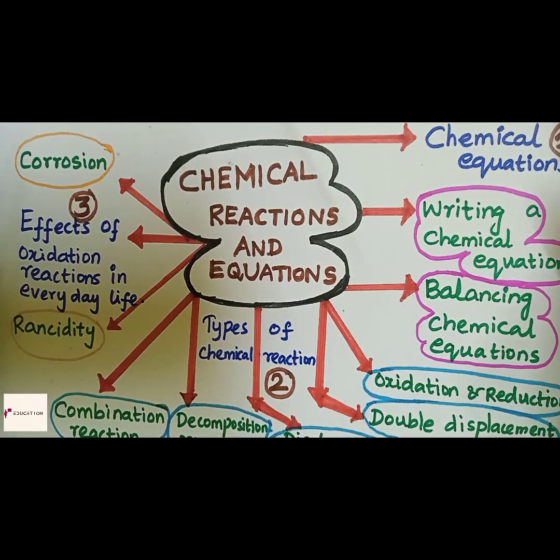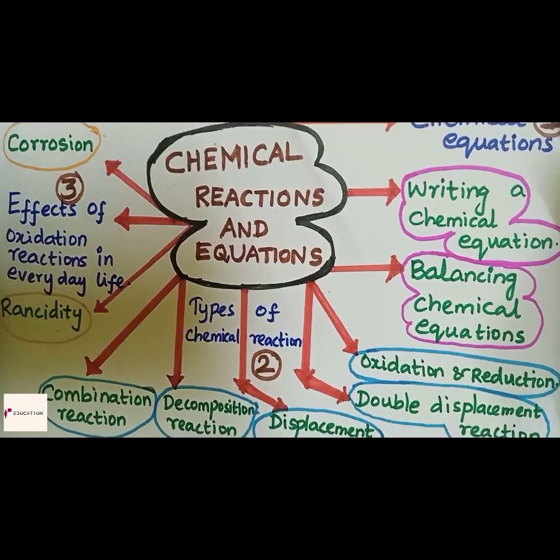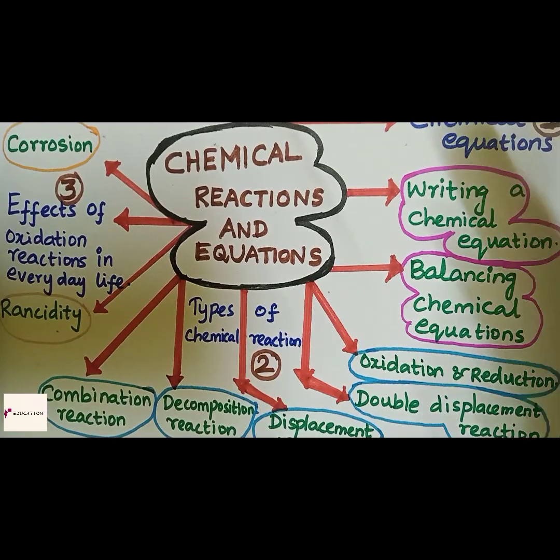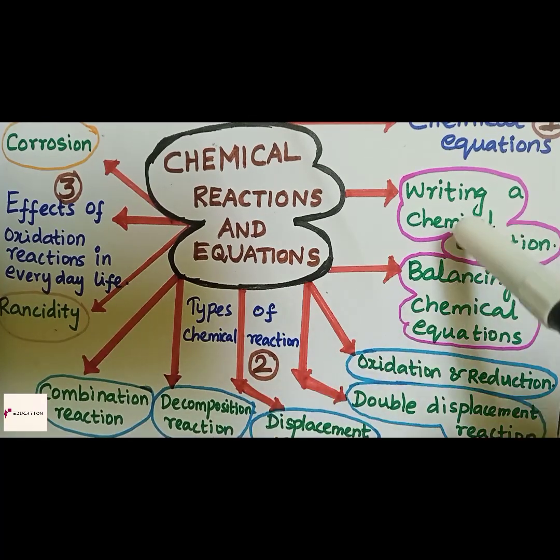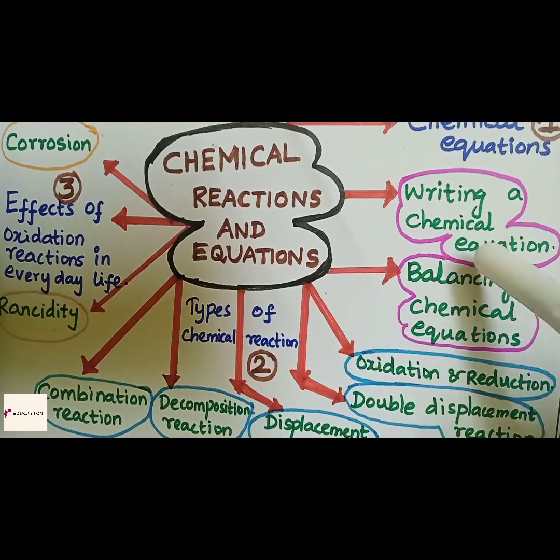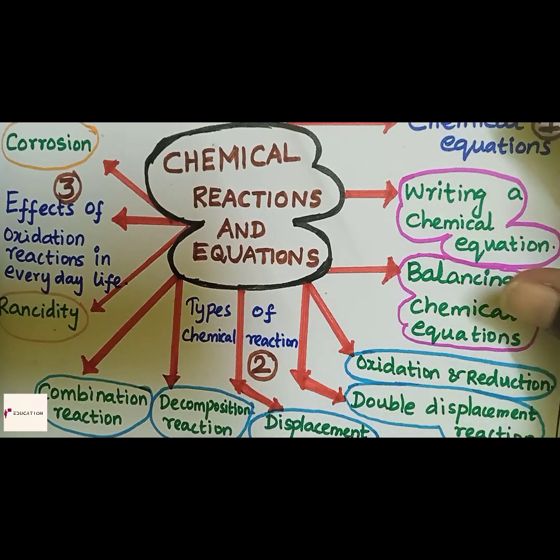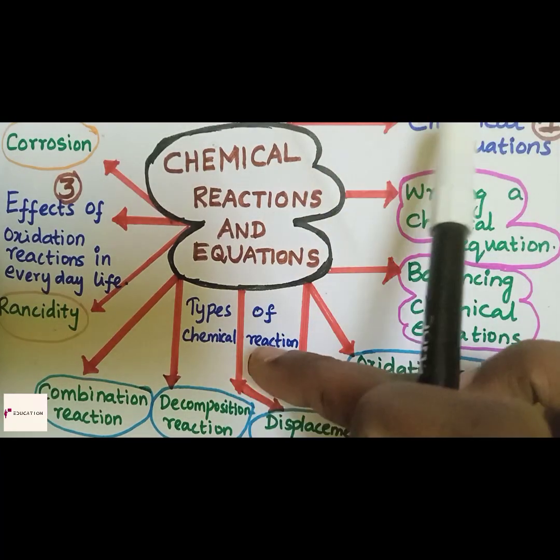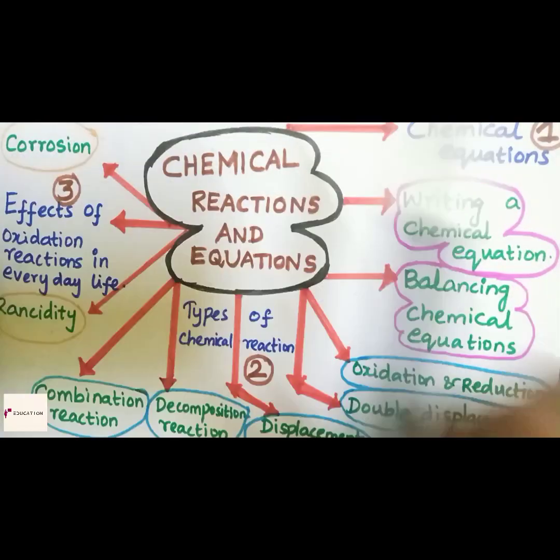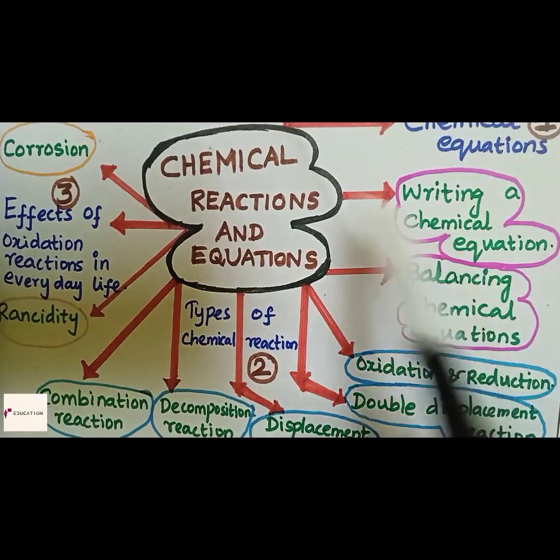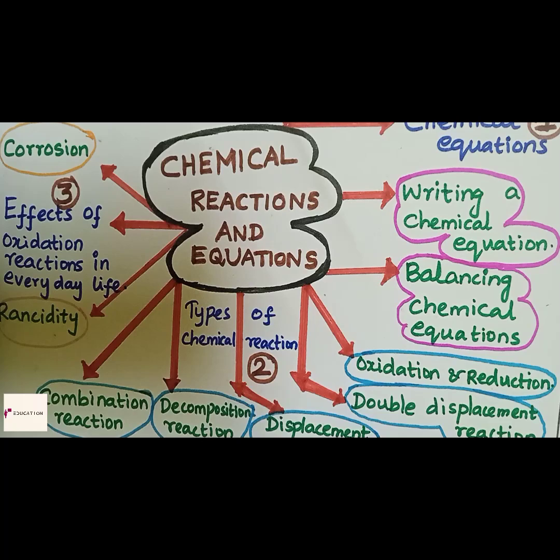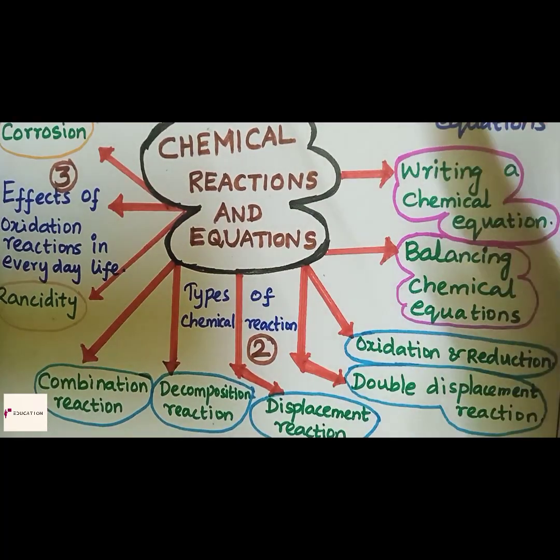If you are going to start this chapter, better you also make a mind map like this in one note. It will help you finalize which subtopics you have completed. You can tick them and read sequentially: first the chemical equation, second the types of chemical reaction, and third the effects. Once you have made a mind map like this, completing the chapter will be easy.